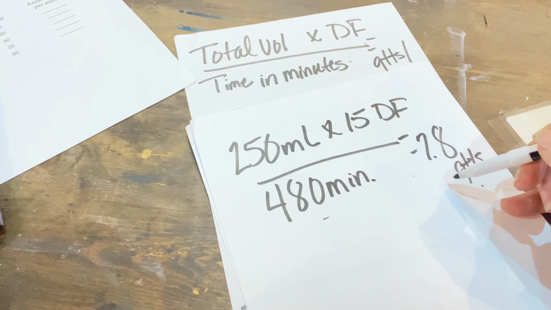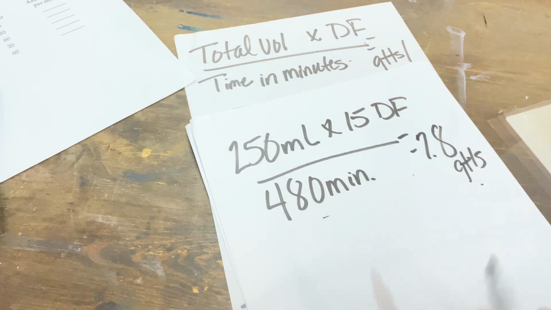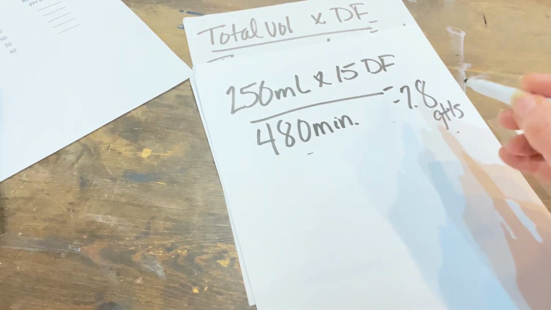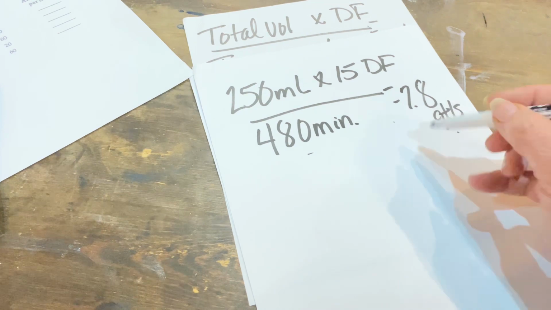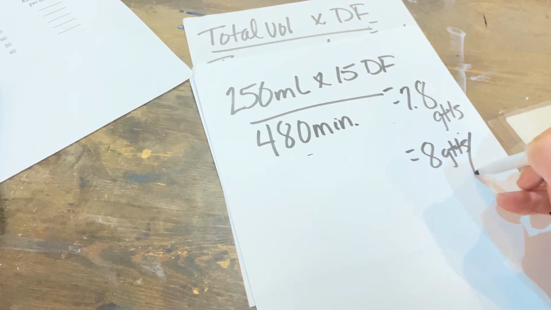Now, you cannot give 0.8 of a drop. So you are always going to round the drops to a whole number. So that would make it 8 drops per minute.